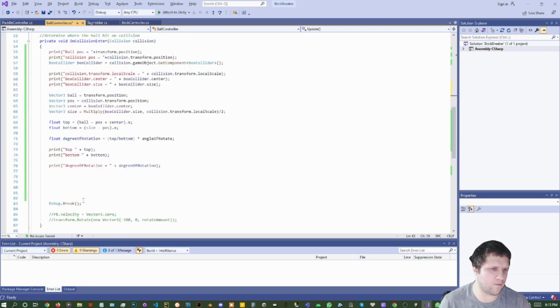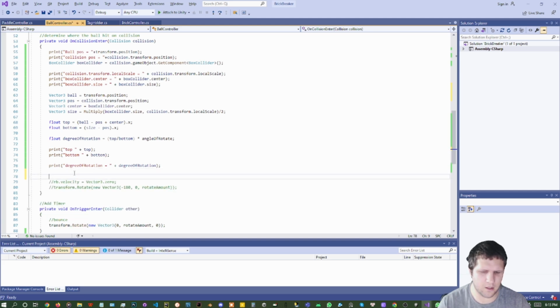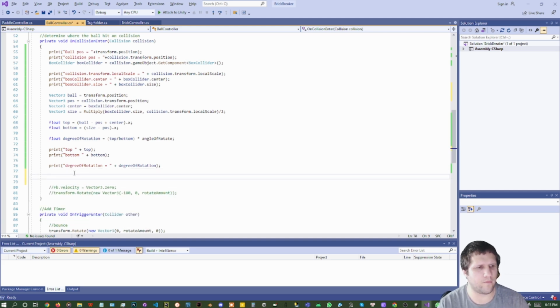Okay. Then let's remove this debug break, and we want to rotate the z.